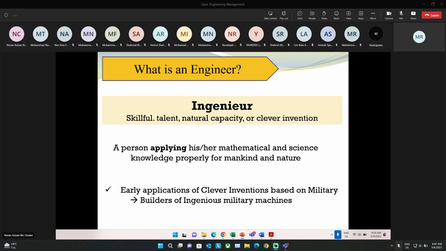Okay. Engineer, basically we build something lah. We build infrastructure. For example, my research area is optical communication. So what's the infrastructure? For example, Unify, right? The telecommunication Unify. So that's the engineer in charge of that, developing the network of the optical communication.